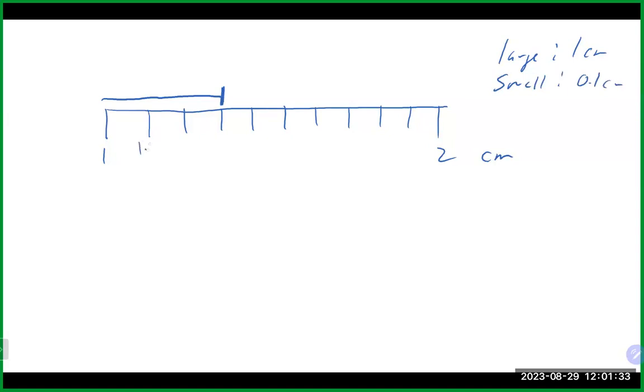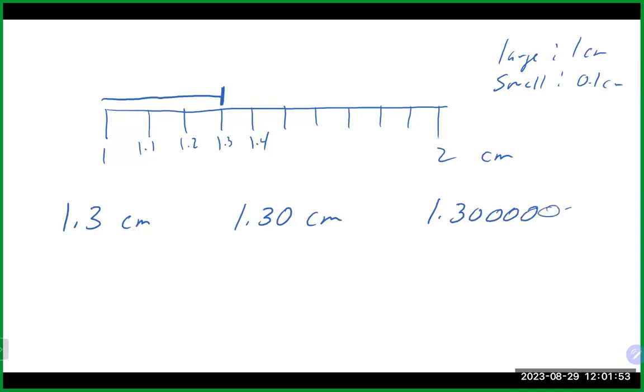So that's 1.1, 1.2, 1.3, 1.4. So we feel it's dead on that 1.3 line, right? So I record 1.3 centimeters. I record 1.30 centimeters. I record 1.3000000000 centimeters. I feel like that's a lot of zeros, so I'm just going to cross that one out.